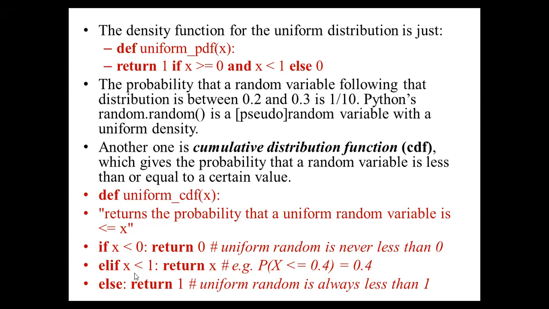Else if x is less than 1, it returns x only. If I pass 0.5, this will give me 0.5 only. And in the remaining case, where x is greater than or equal to 1, it returns 1.